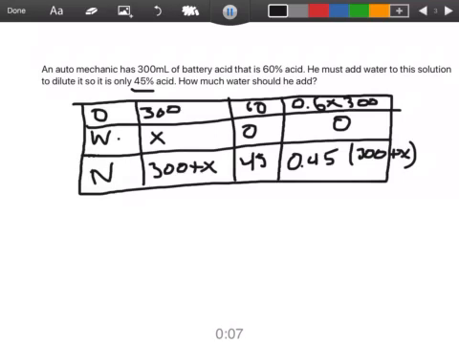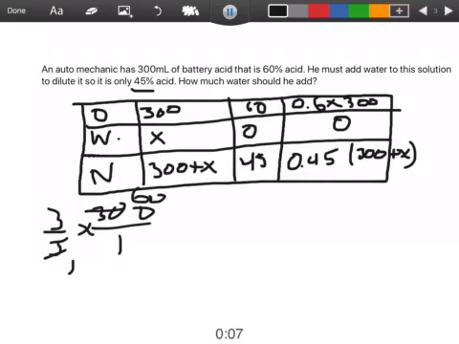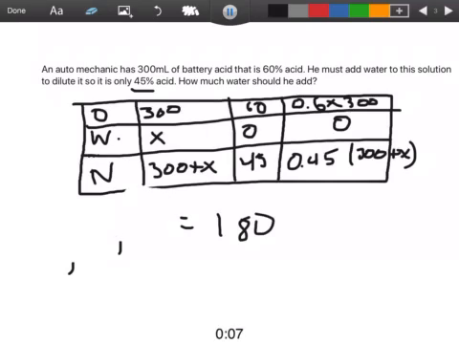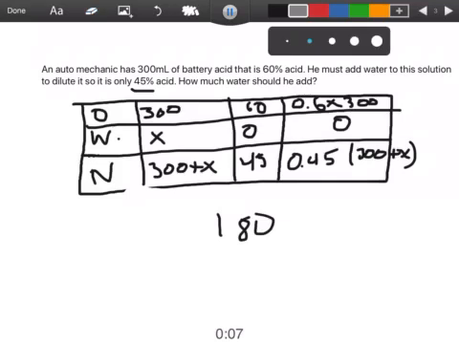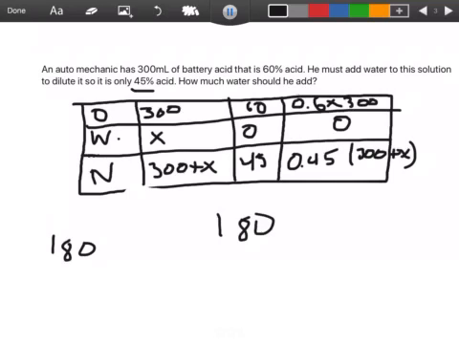So 6 over 10, 3/5, times 300 equals 180. There's 180 milliliters of acid in the first solution, so 180 plus the amount of acid in the water added, which is 0, so 180.